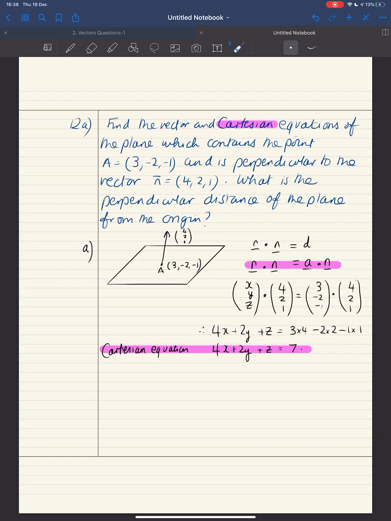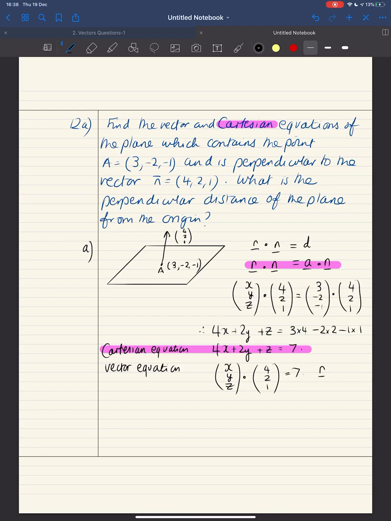Okay. The vector equation of the plane, I think that's just, I've sort of done that already in this one. Vector equation of the plane is just keeping it in vectors, x, y, z, dotted with 4, 2, 1, equals 7.